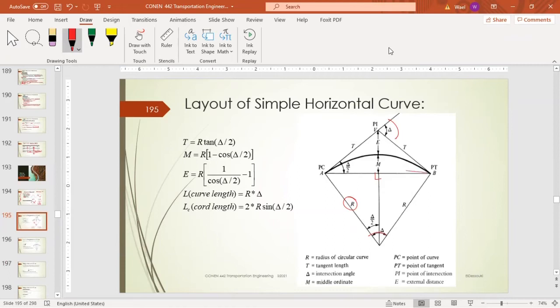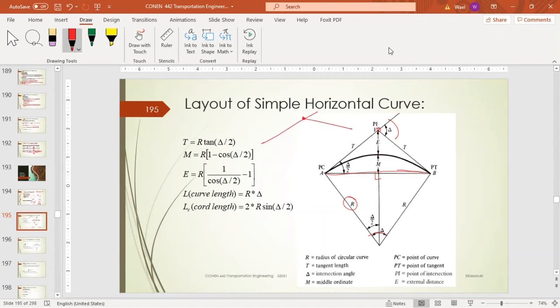This is what we call the chord line, and this is M, the middle ordinate, and this is the external distance.